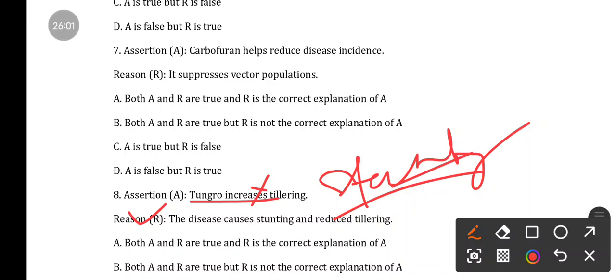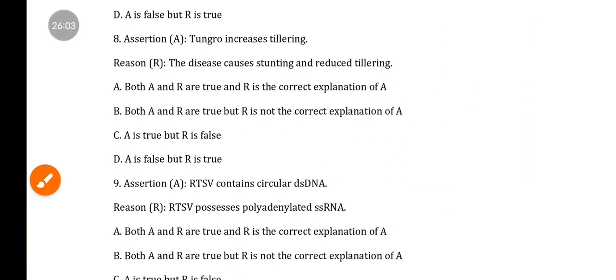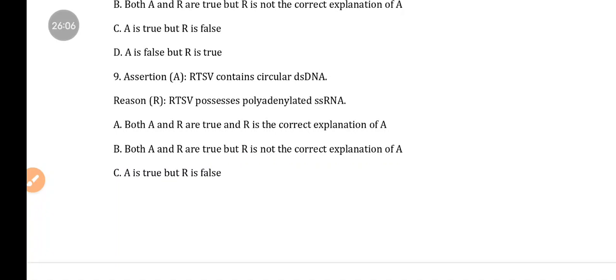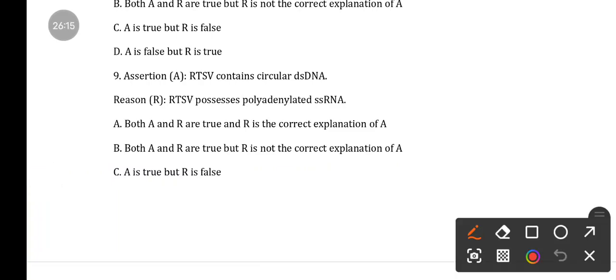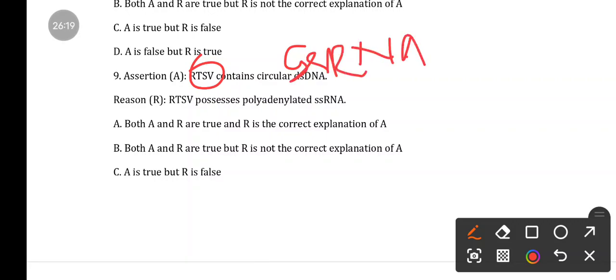Reason is correct, but not the assertion. Next, question number 9, assertion: RTSV contains circular double-stranded RNA. Yeah, this is false. RTSV contains single-stranded RNA. Reason: RTSV possesses polyhedral particles. The reason is correct, but the assertion is false.